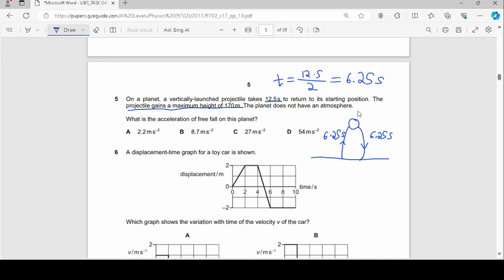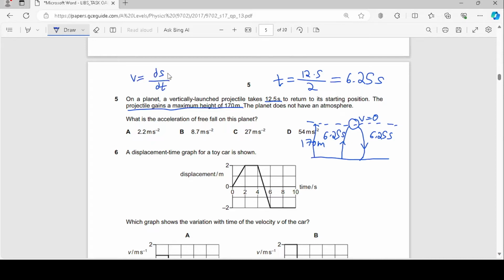So this means its total displacement in one direction is 170 meters, its maximum height basically. And at maximum height, obviously, it will have a velocity of 0, because velocity is the rate of change of displacement, right?